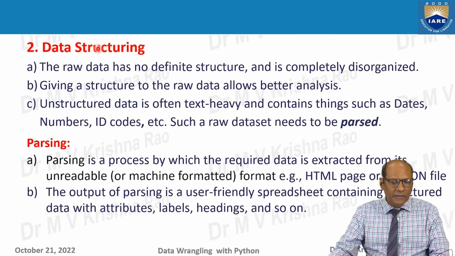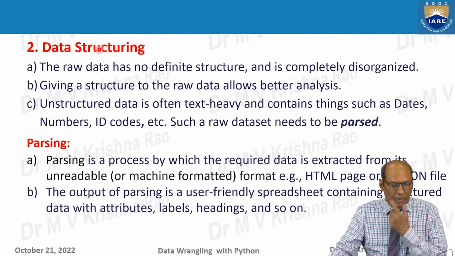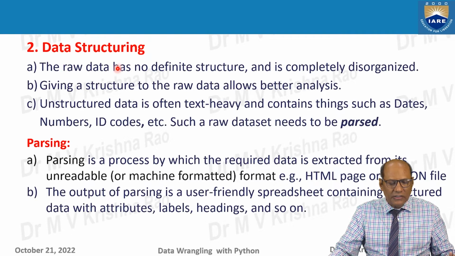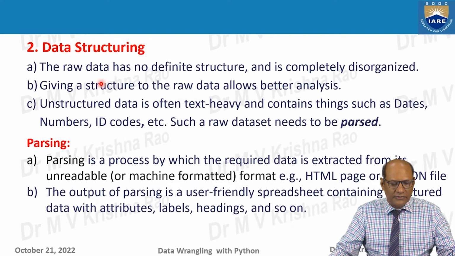Second step is data structuring. In this one, the raw data has no definite structure and is completely disorganized, and giving a structure to the raw data allows better analysis. So we have to give a structure to that. Unstructured data is often text heavy.